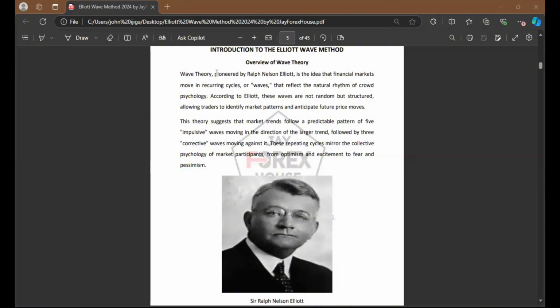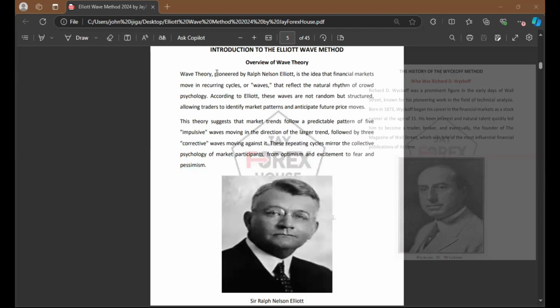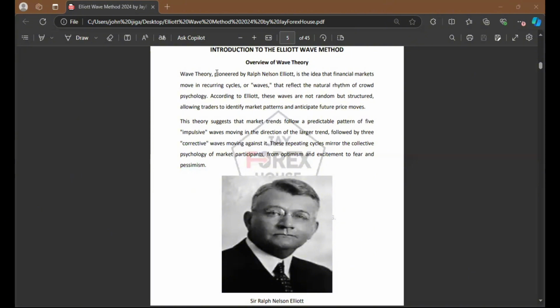As you all know, we also have Wyckoff's pioneer, who also has the name Wyckoff behind him. So this is the guy that pioneered the Elliott Wave method. And his idea of the market was that the market moves in circles. Circles like when you have representation of waves, when you have market structure.